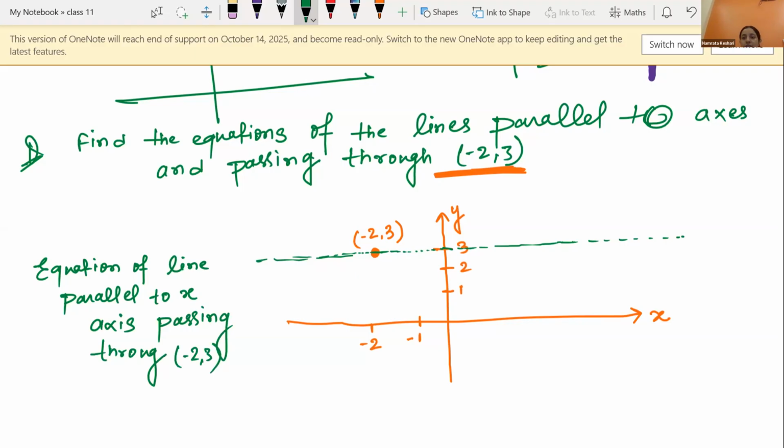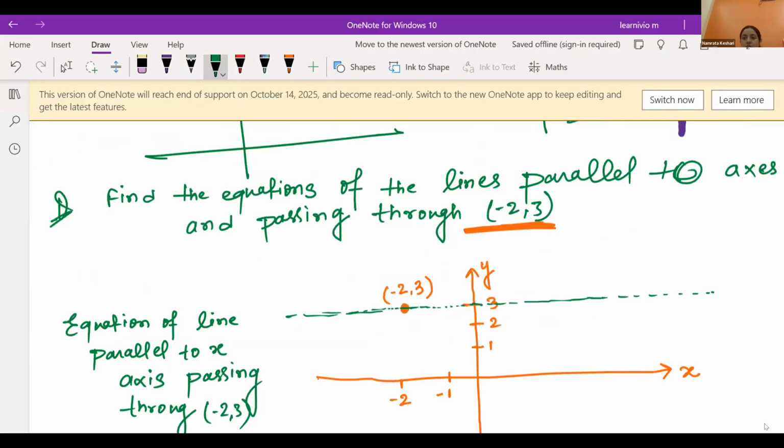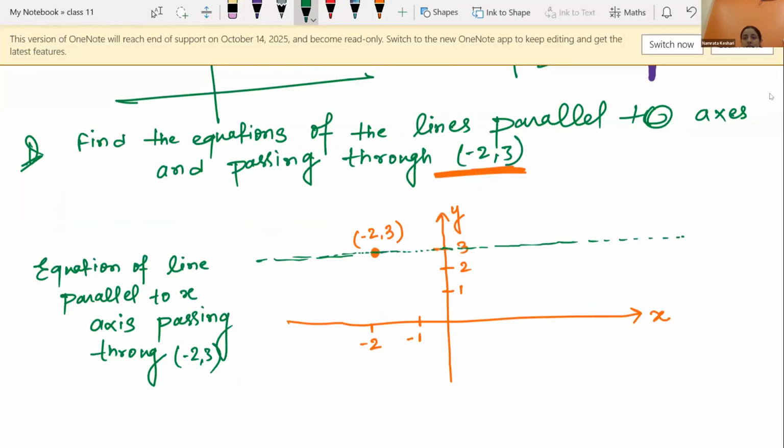Just now we have seen how exactly the equation looks for a line parallel to the x-axis. You have already noted it down. Please tell me, is it x equals to k or y equals to k? Y is equal to k. Y equals to k, yes or no?